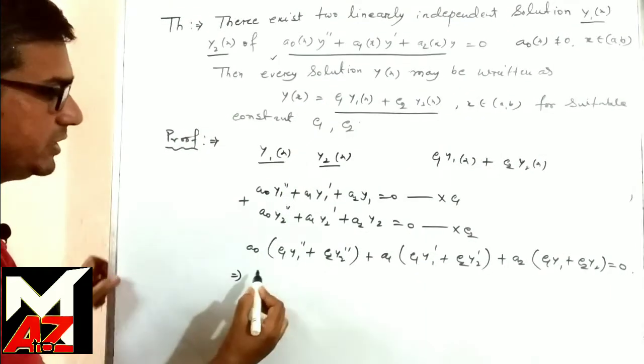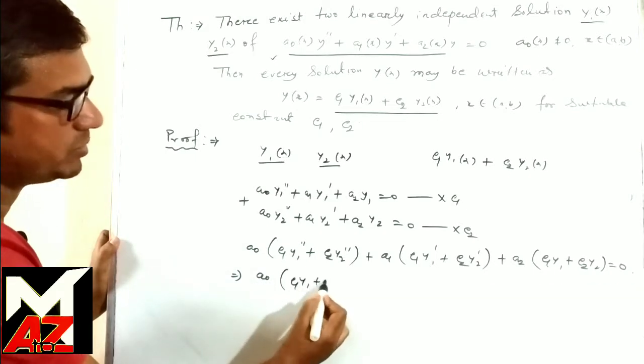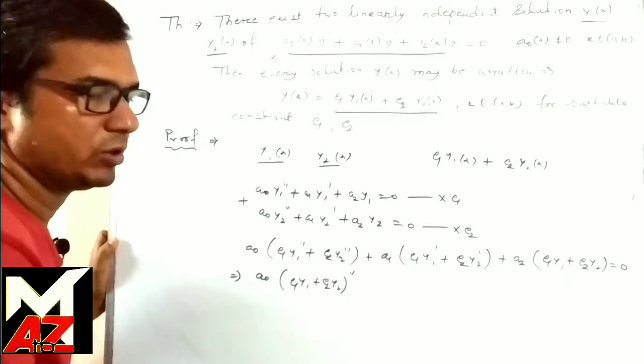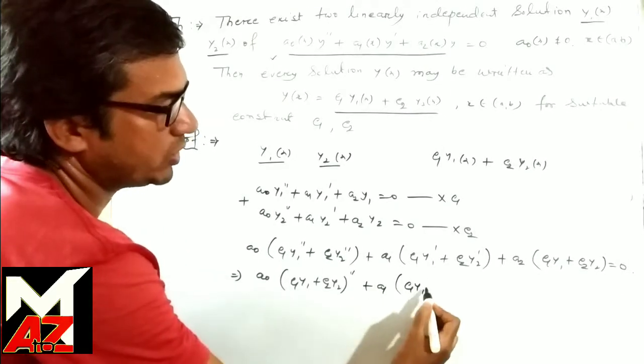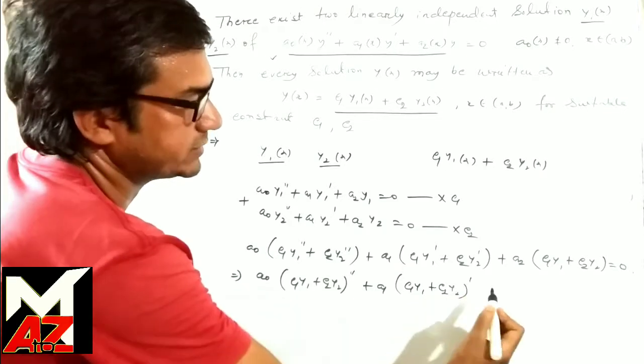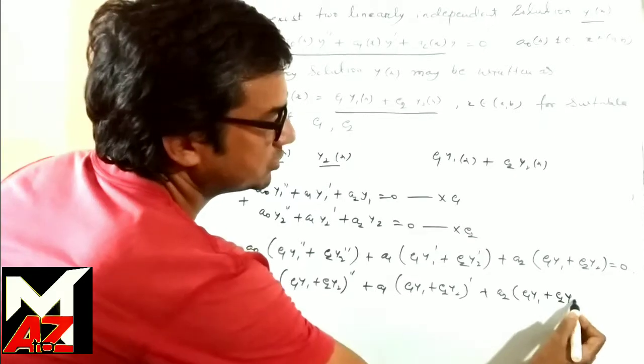This relation can be written as a0 (c1 y1 + c2 y2)'' + a1 (c1 y1 + c2 y2)' + a2 (c1 y1 + c2 y2) = 0.